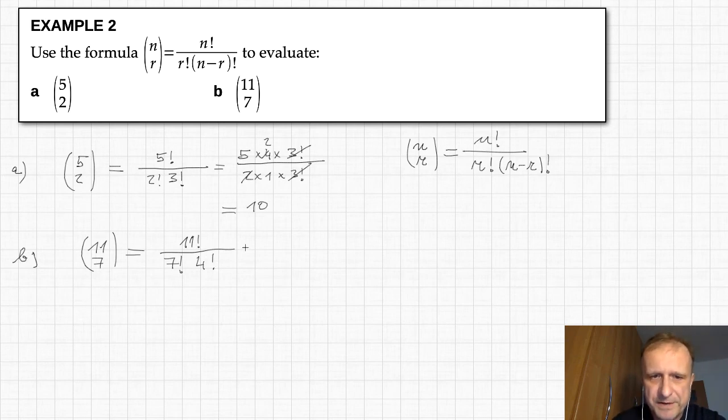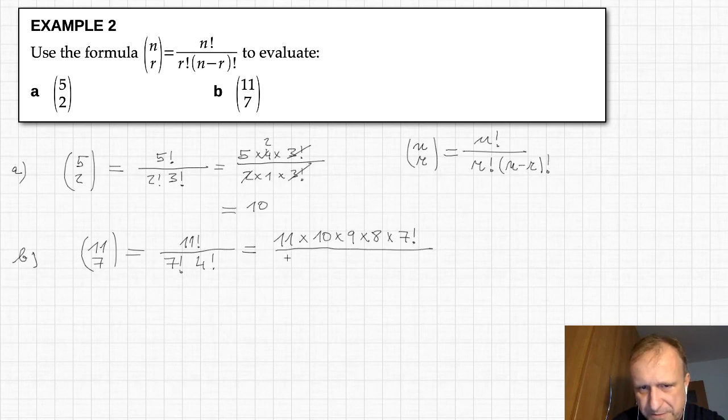Now, we can rewrite it. 11 factorial and 7 factorial, these are the largest factorials, so I will write it as 11 times 10 times 9 times 8 times the remaining factors, which form the 7 factorial, divided by 7 factorial without any change because it's already here and we want to cancel it out, times 4 times 3 times 2 times 1.